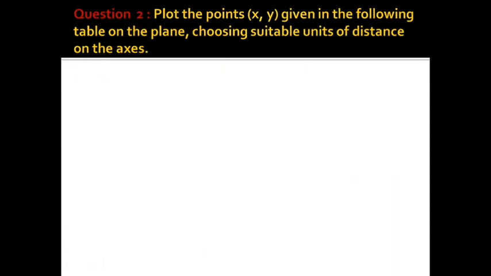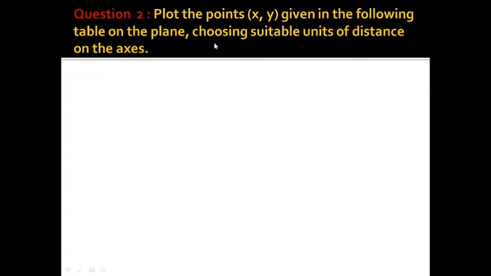Then the next question: plot the points x, y given in the following table on the plane, choosing suitable units of distance on the axis. So here we have to plot the given points of x and y on the Cartesian plane by choosing suitable units of distance on the axis.